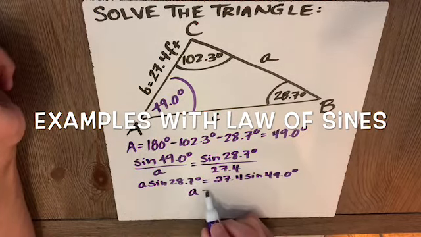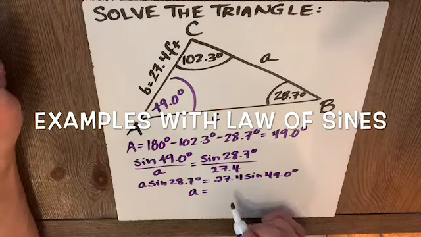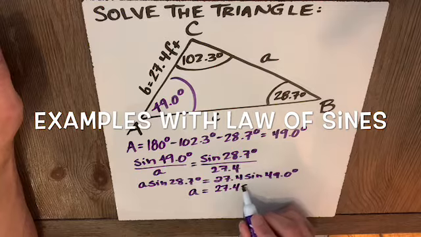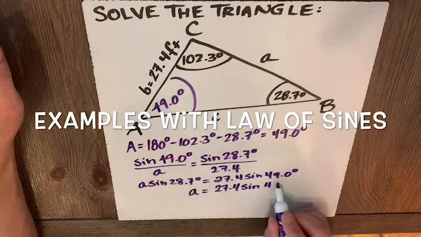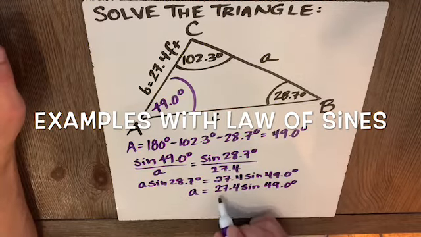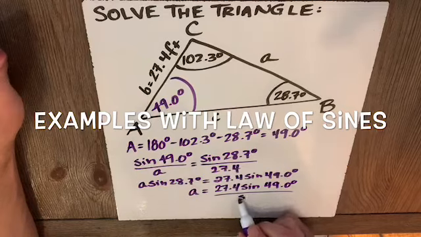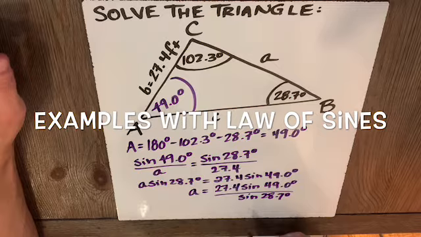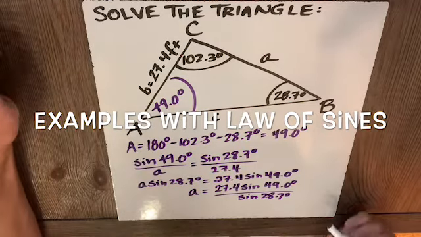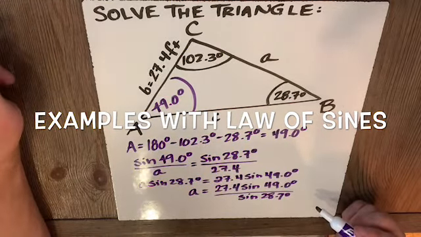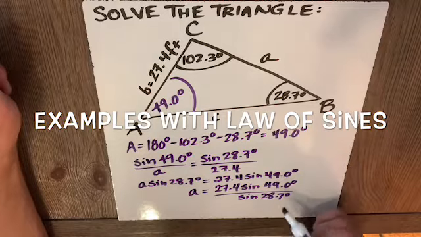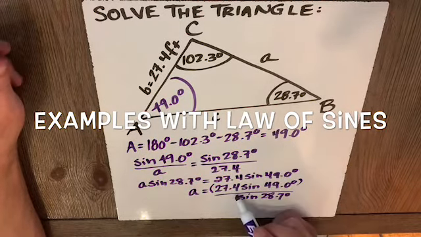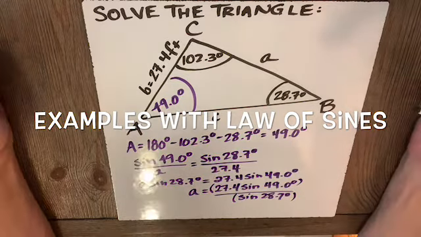So if we divide both sides by the sine of 28.7 degrees, I'll have 27.4 sine of 49 degrees divided by sine of 28.7 degrees. Now, if you have a small calculator, it's not a super-powered CAS or something like that, you're going to have to put parentheses around the numerator divided by parentheses around the denominator.